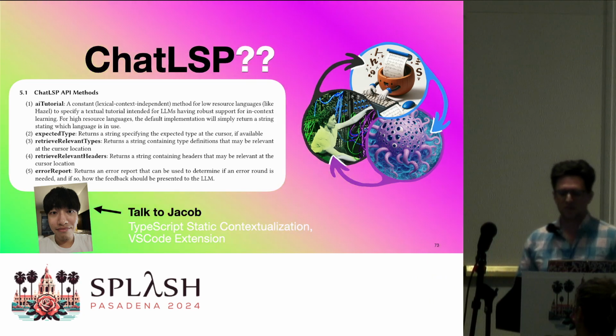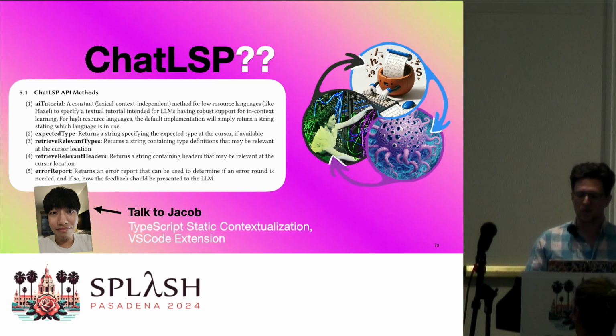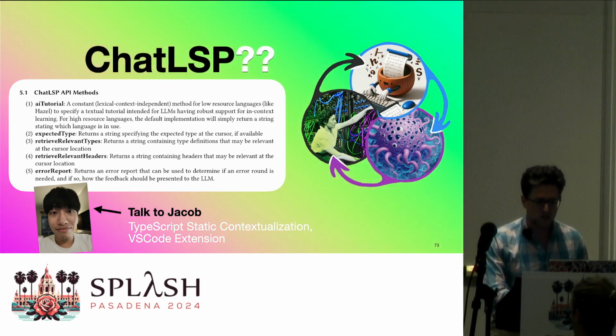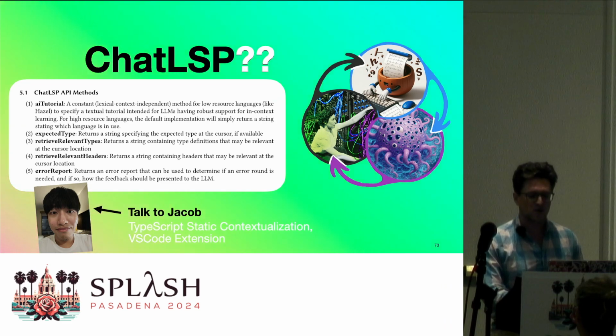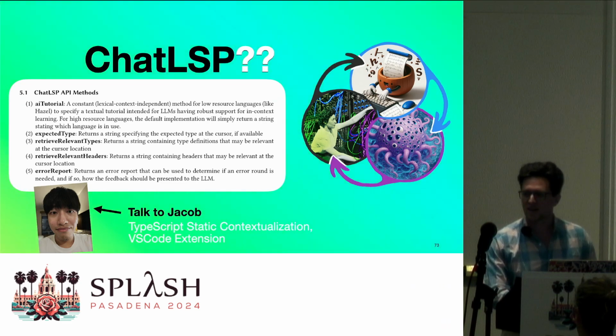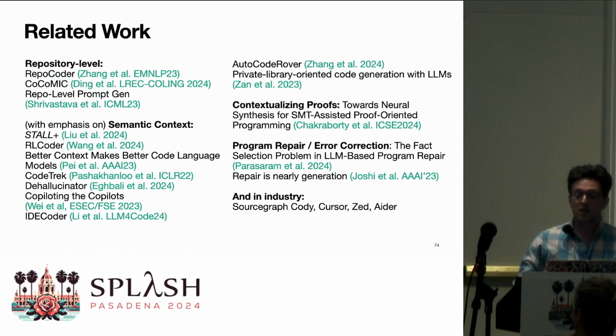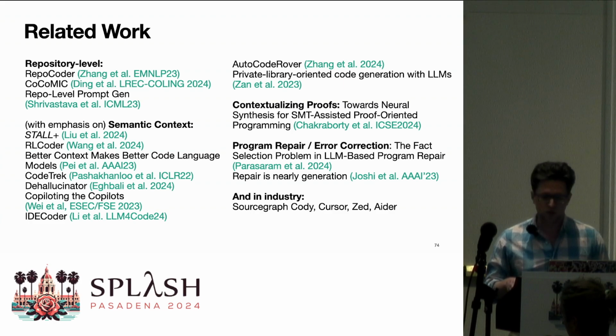If you're interested in exploring static contextualization in another language, please find and talk to co-author Jacob. Jacob implemented our TypeScript version and is working on a VS Code extension to expose relevant static context through VS Code's sidebar.